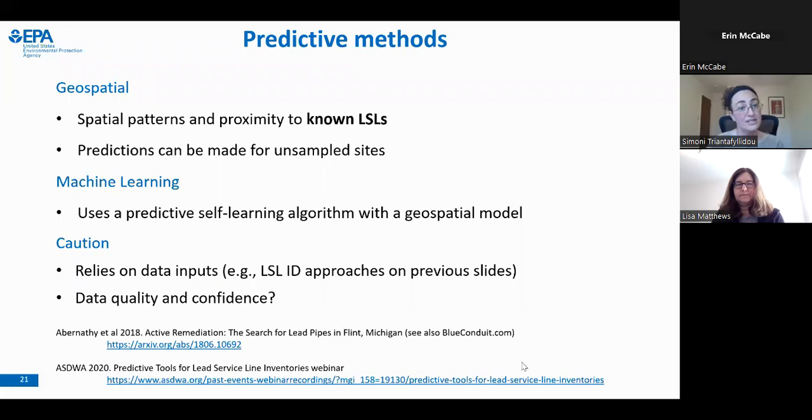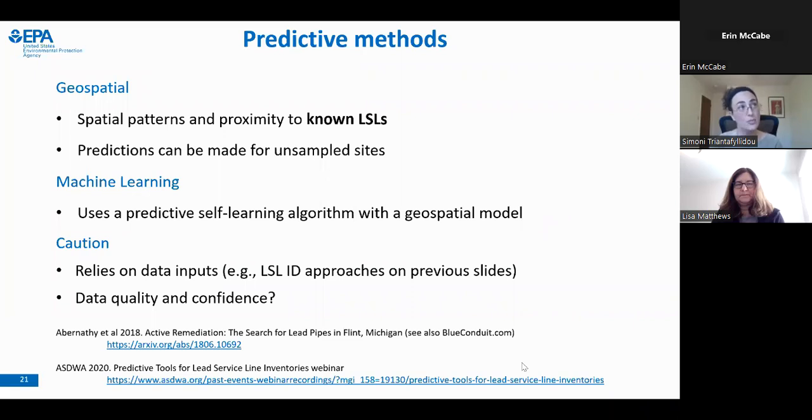And the more information that's coming into the model, the better predictions the model is going to be able to make, and it's going to be able to learn from those spatial patterns that exist in a specific community. The thing with these models is that they're really relying on the data inputs. All of the different lead service line identification tools that I mentioned previously are the primary sources of information, which can then get input into these models to make predictions.